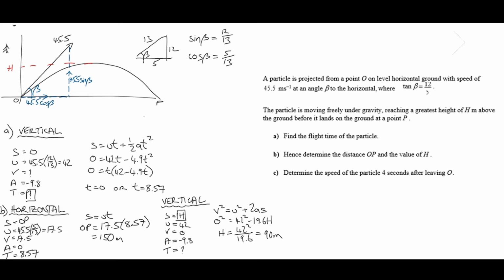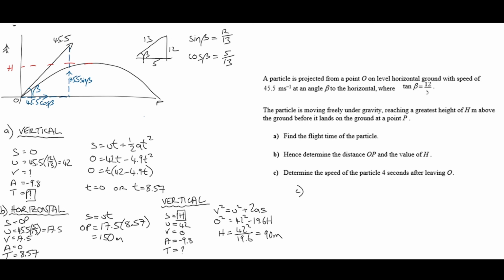Okay, and finally in part C, we've been asked to determine the speed of the particle 4 seconds after leaving the origin. To find the speed, we're going to need the velocity vector. We need two components for a vector, both the horizontal and the vertical component of velocity after 4 seconds. We know with the horizontal velocity, it's always the same, so I immediately know that that is 17.5.